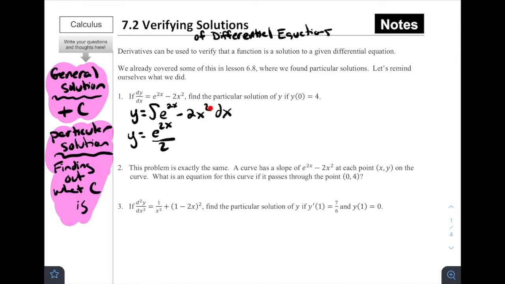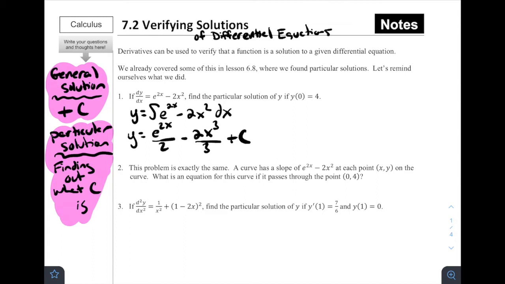So that's going to make it a 3. And then we need to divide by that new exponent. So I have negative 2x to the third power, and I need to divide by that 3. And here, because we're taking this antiderivative and we don't have limits of integration, we're going to end up with a plus c on the end.